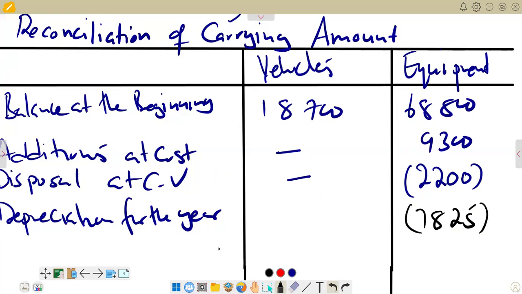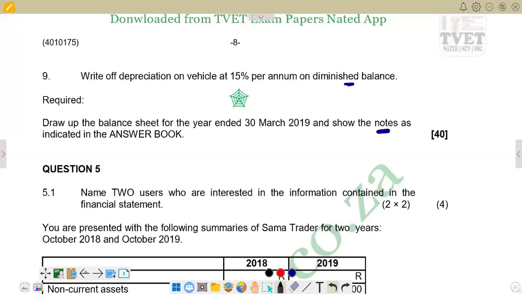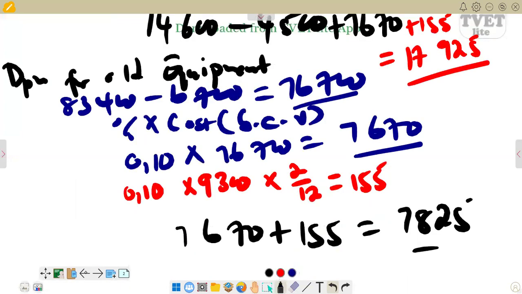And then for the vehicles, remember we calculated it. Let's see for vehicles what we have in terms of depreciation for the year. Remember we calculated it at 15%, because here it is given as 15%, using the diminishing balance method.